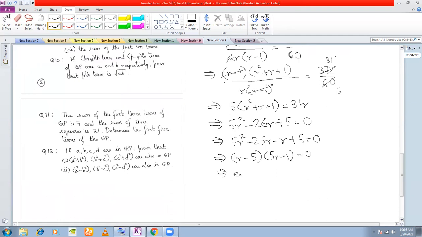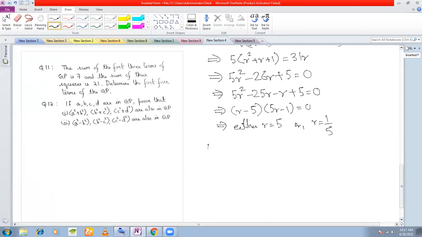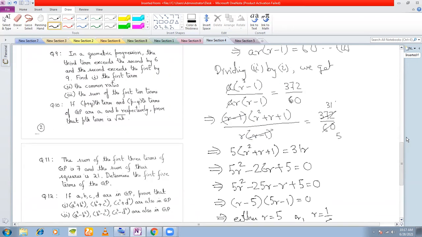That means you get either R is equal to 5 or R is equal to 1/5, right? So again, you have two cases. The first case, case 1, is when R is equal to 5. So from equation number 1, what is equation number 1 here?